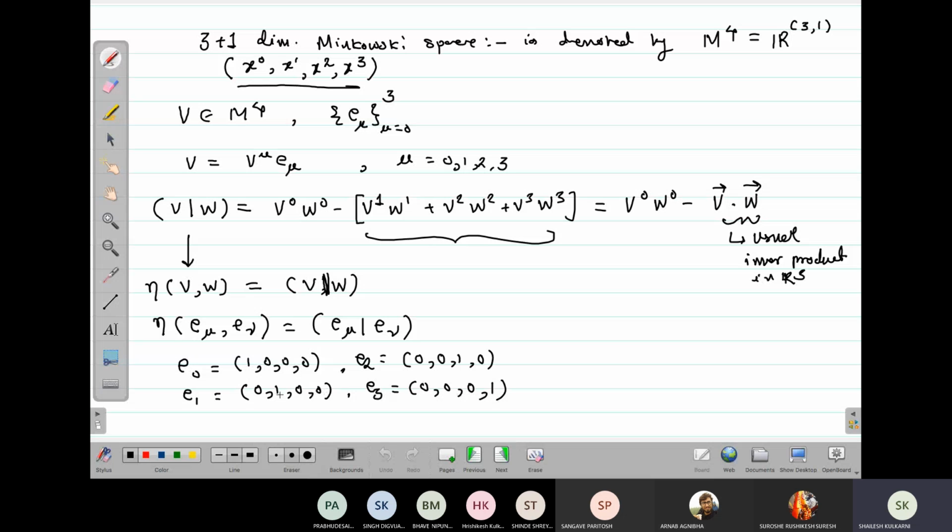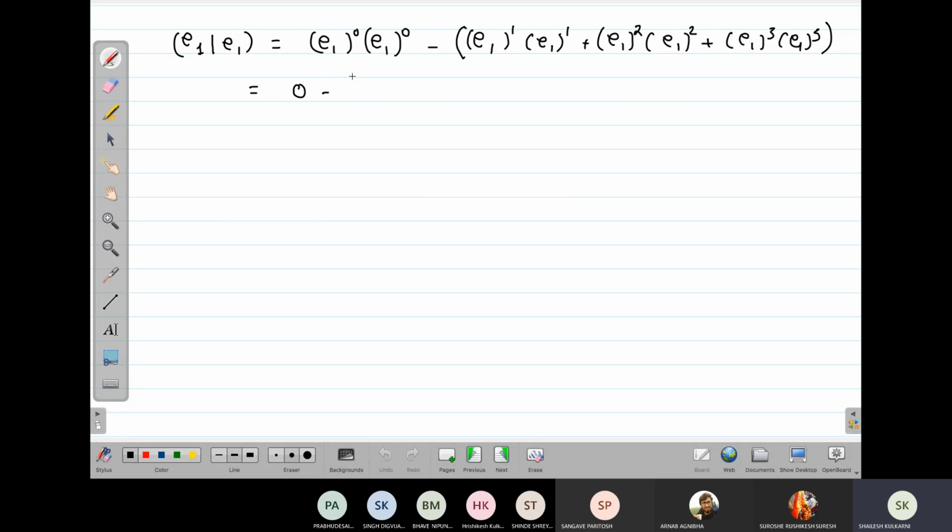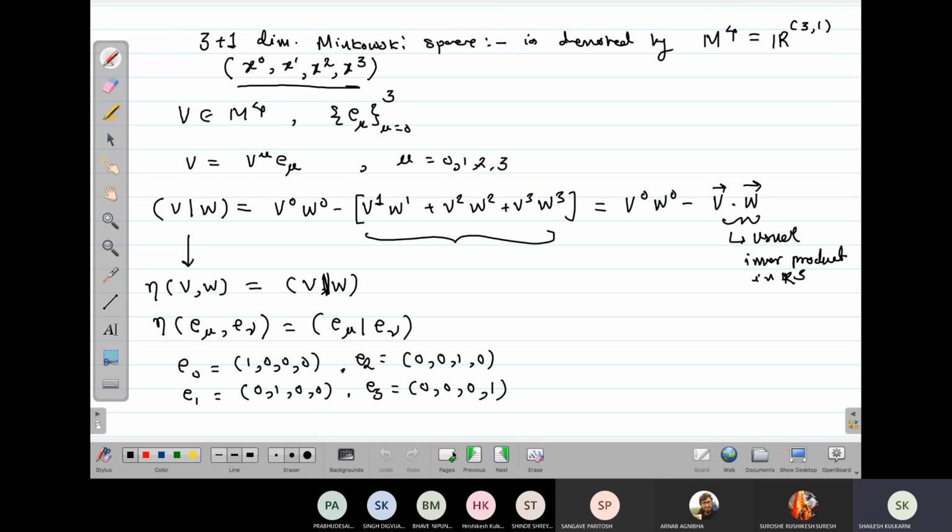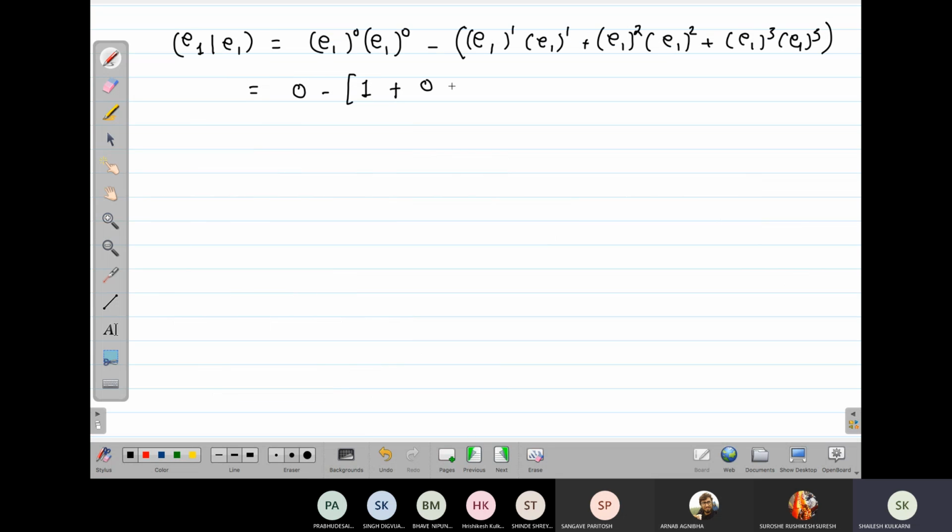So 1 1 will be 1, plus E1 2, and that is 0, so the rest of the entries will be 0. So this is equal to minus 1. So E11 is minus 1.